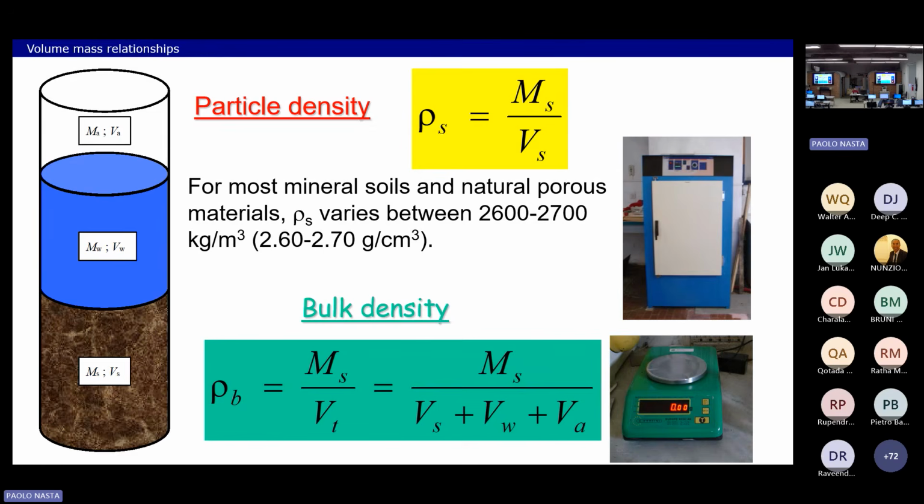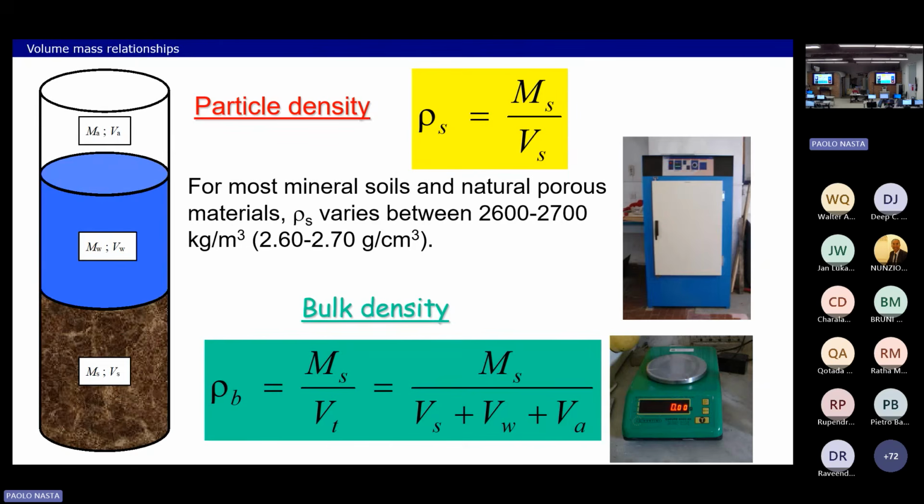On the other hand, we have bulk density, which is officially called the oven-dry bulk density, which is the dry mass over the total volume of the soil sample. You can see the photos on the right part of the slide, showing the oven and a scale.